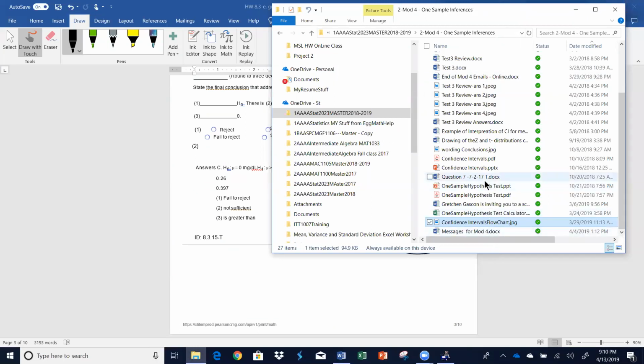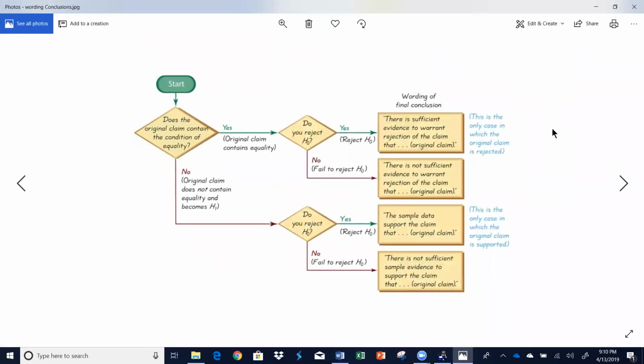It is the wording of the conclusion. Okay, here we go. I posted this, and you should copy it down, and you should definitely have a copy of this while you're working on your homework and your quizzes, so that you learn how to answer these questions.